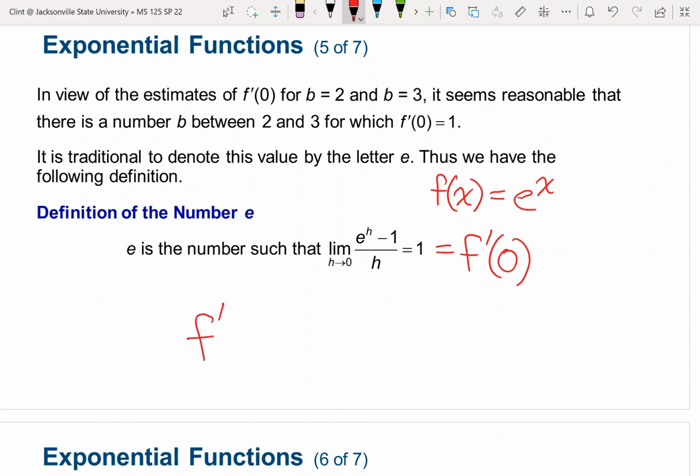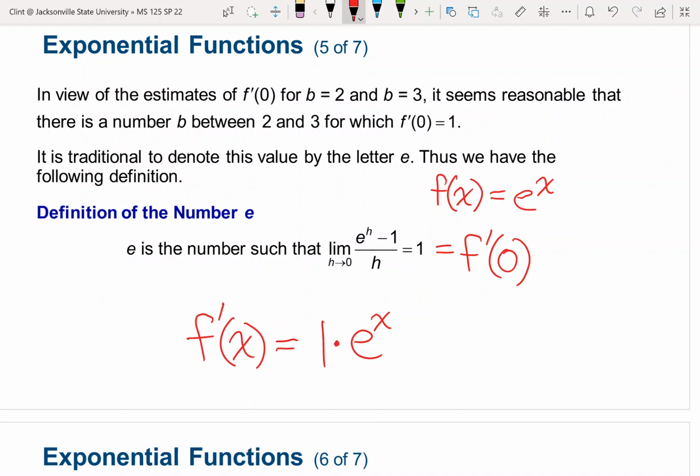So what does that make f prime of x? We saw on the last one there's going to be some multiple of itself, and the multiple it's going to be is f prime of 0. So what's f prime of 0 here? 1. That's how we got the e.